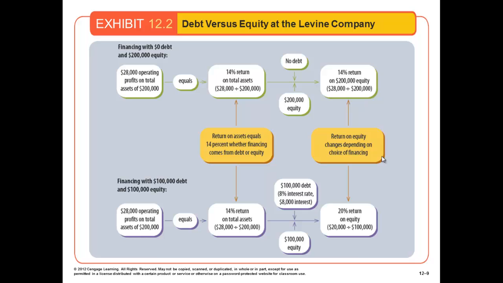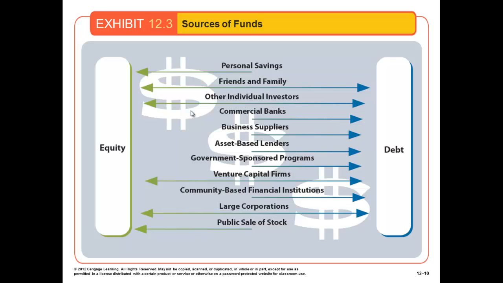We've only invested $100,000 in equity, as you can see in this little square right here. So even after the interest costs are included, our return on equity is 20 divided by 100, which is 20%. So we've gone from a 14% return on equity to a 20% return on equity simply by leveraging our company. We leveraged up by $100,000, and that's what we call leveraging when we take on debt. If I say a company is highly leveraged, I mean that company has taken on a lot of debt.